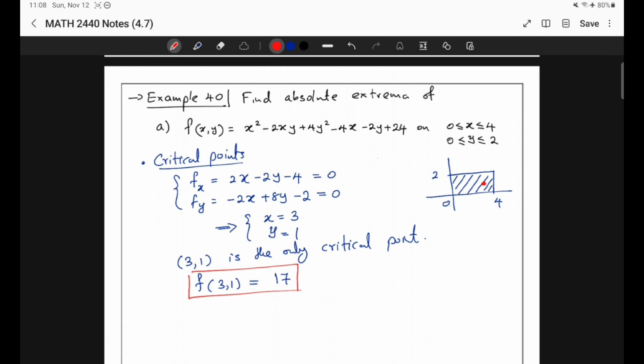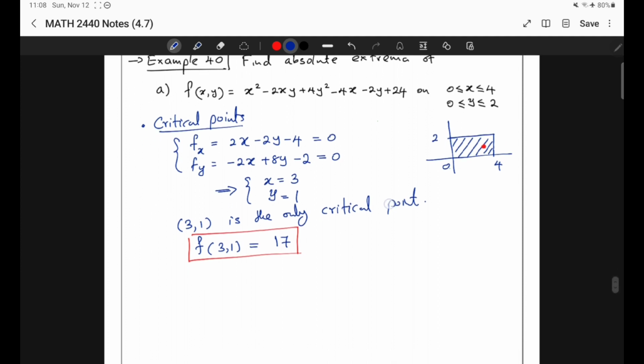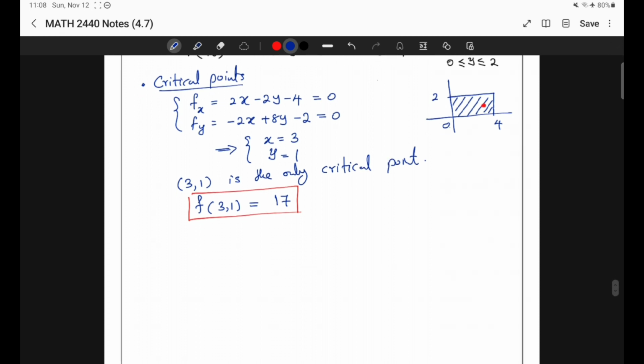Okay, so we took care of the critical points. Now we need to worry about the boundary. This particular example has 4 lines as the boundary. So let me label them. I'm redrawing the region.